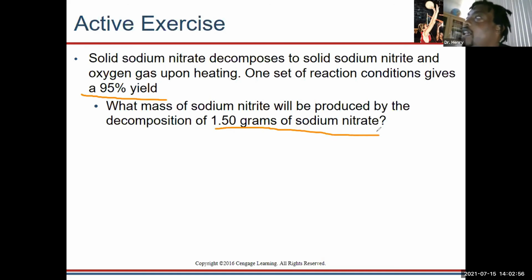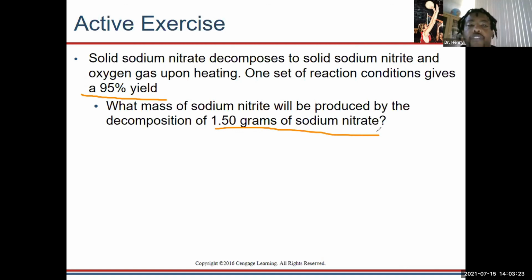It says solid sodium nitrate decomposes to solid sodium nitrite and oxygen gas upon heating. One set of reaction conditions gives 95% yield. What is the mass of sodium nitrite that will be produced by decomposition of 1.5 grams of sodium nitrate?